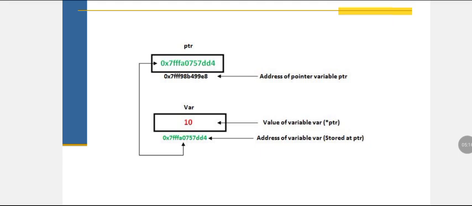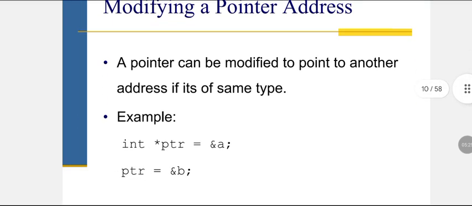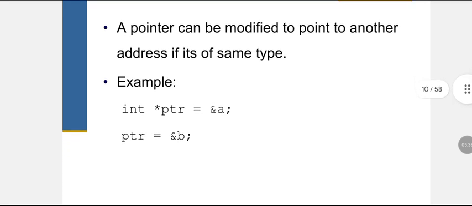Now we move on to modifying a pointer address. A pointer can be modified to point to another address if it is of the same type. You can see our example here.